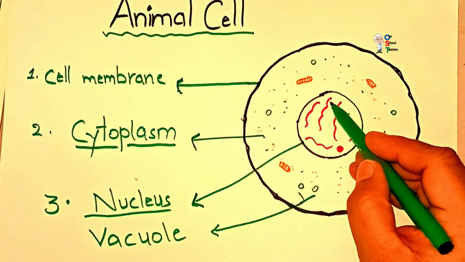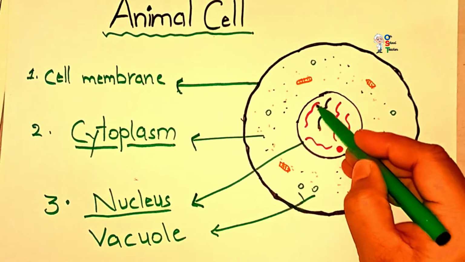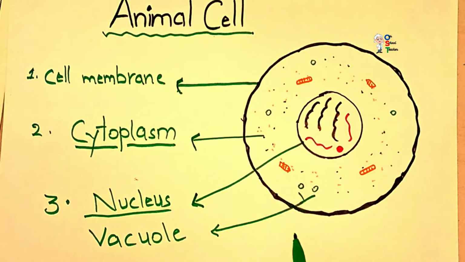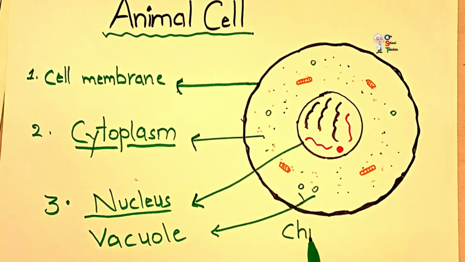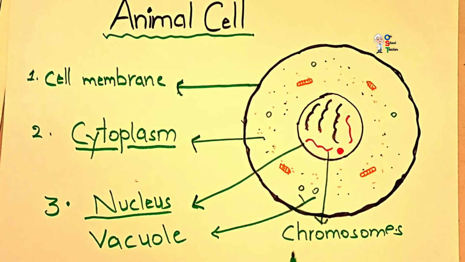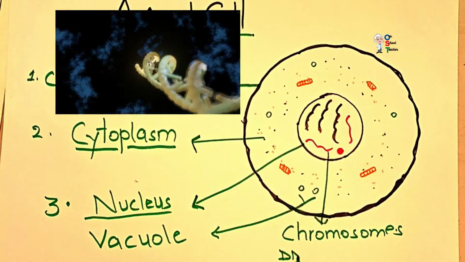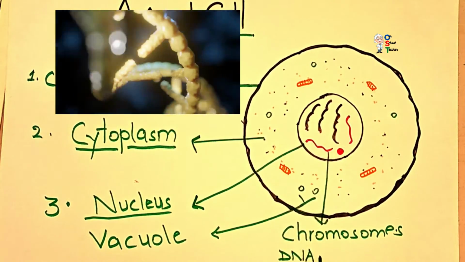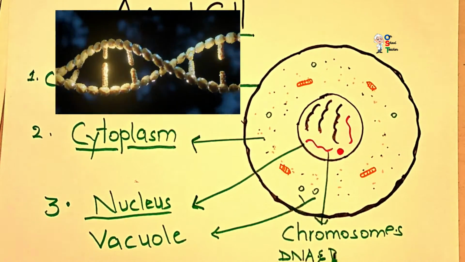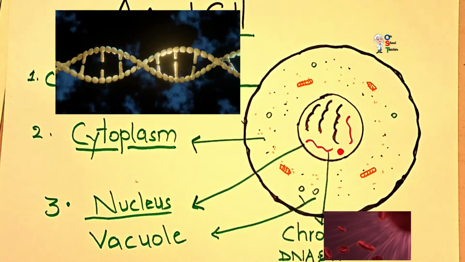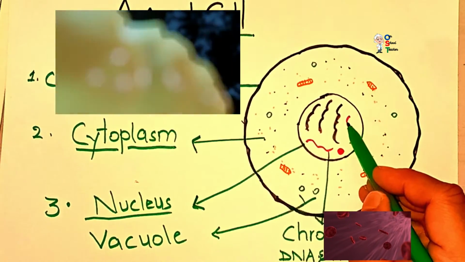It contains thread-like structures, and these thread-like structures are known as chromosomes. And these chromosomes are made up of DNA, deoxyribonucleic acid, and protein. And these chromosomes contain factors that are known as genes.